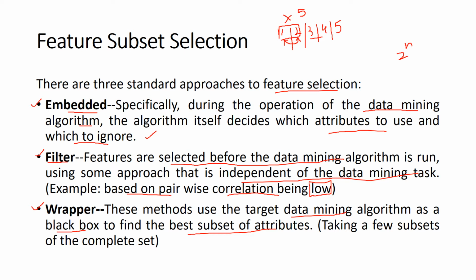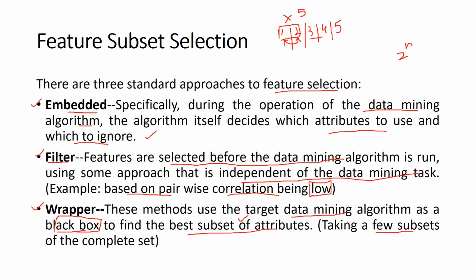We'll be able to take a few subsets of the complete data set, and on these few subsets we are going to run the actual algorithm as a black box, and depending on the results we are going to select the subset of attributes which are appropriate. So this is the way in which the wrapper approach is used.